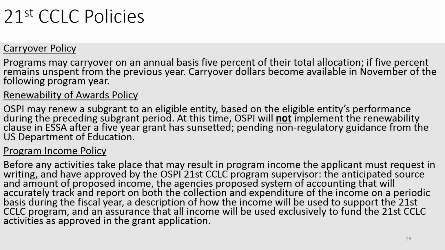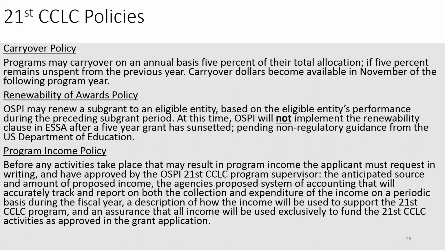But basically the bottom line is that any income generated outside the cost of your grant, you would need to be able to demonstrate that all that money went back into your program and the cost of your program exceeded your grant award by the amount of revenue that you generated, or you will have to make a refund to the state.